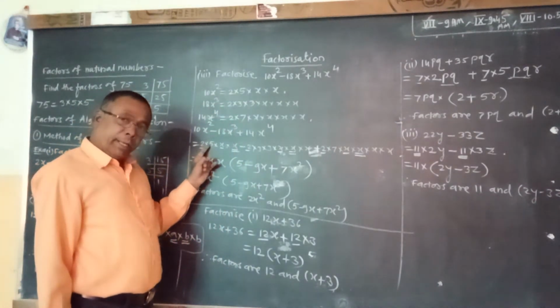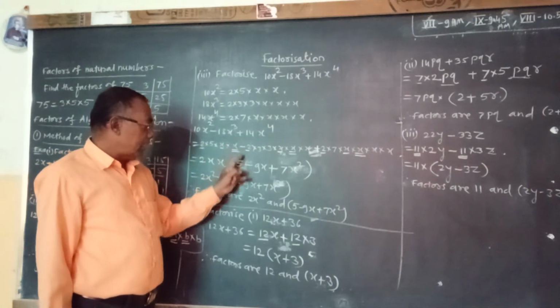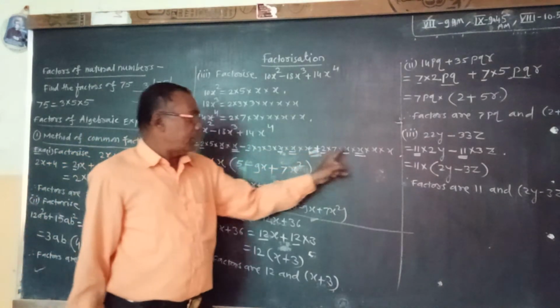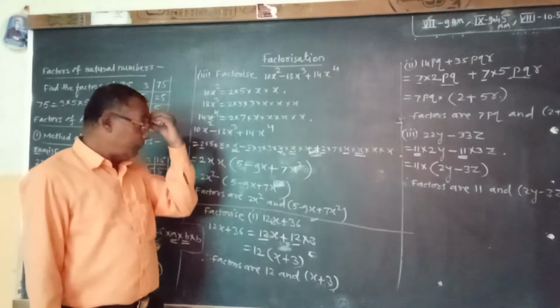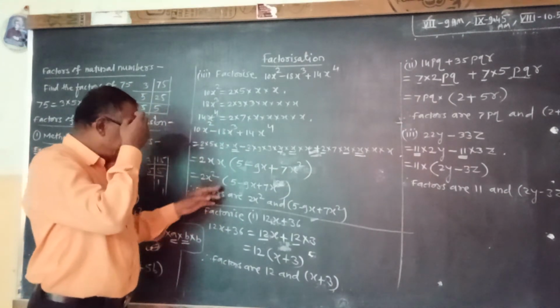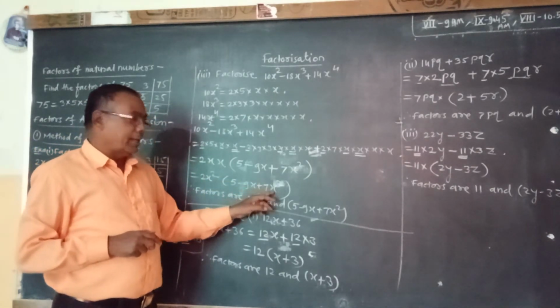Now the remaining terms can be written in the bracket, that is 5 minus 3 3s are 9x plus 7x square. Therefore 2x into x means 2x square into the bracket 5 minus 9x plus 7x square.